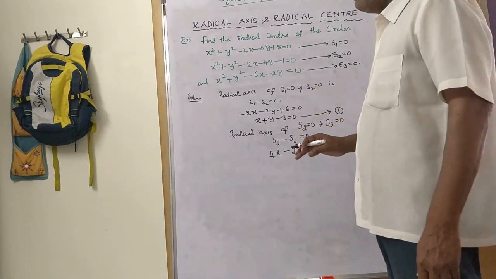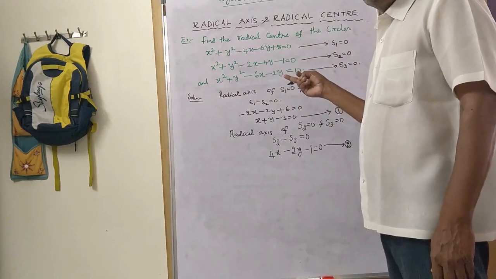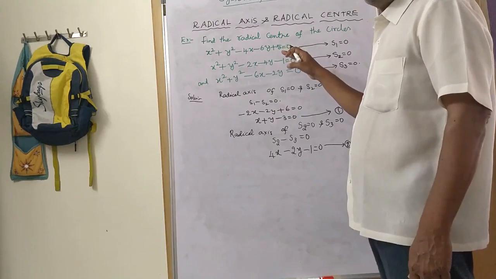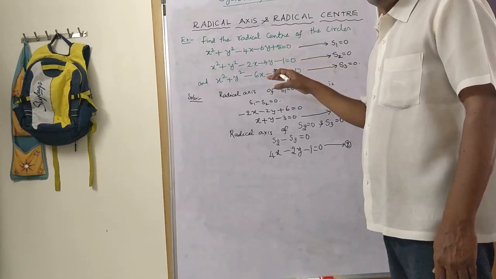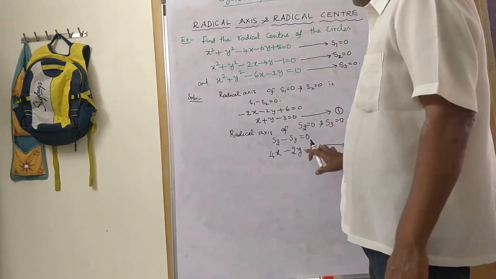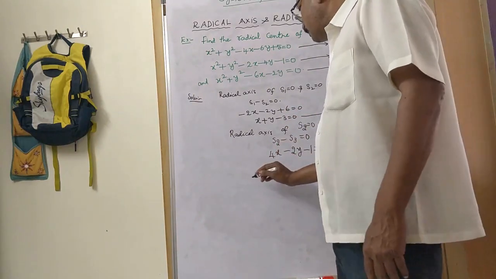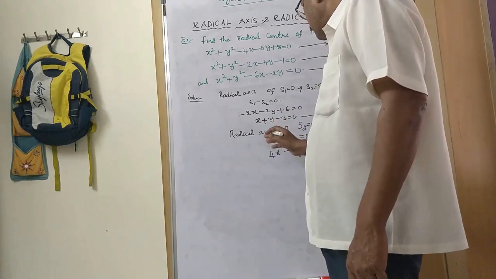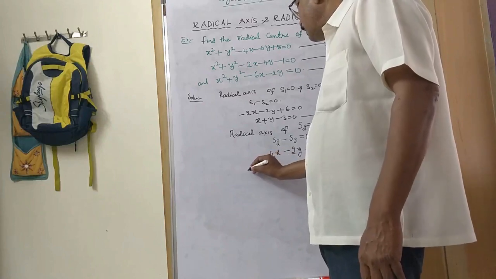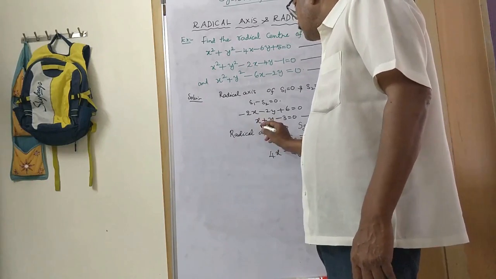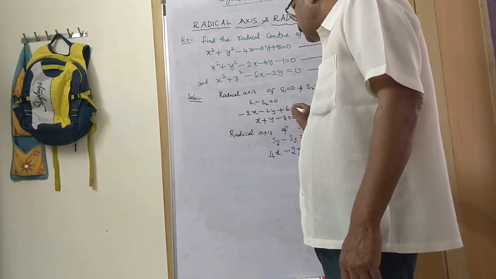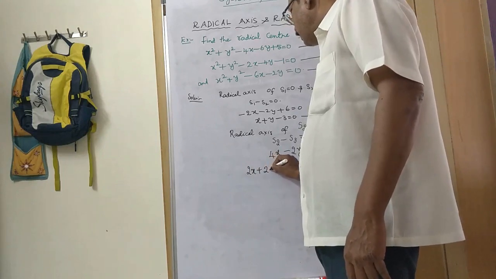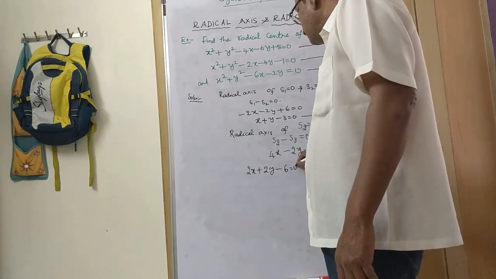These two are enough. Why? Because the intersect point of the two, the third line is also passing through that. You already know the radical axes of the three circles meet at one point. Right. So I am solving these two. Multiply the first one by 2, that is 2x + 2y - 6 = 0.